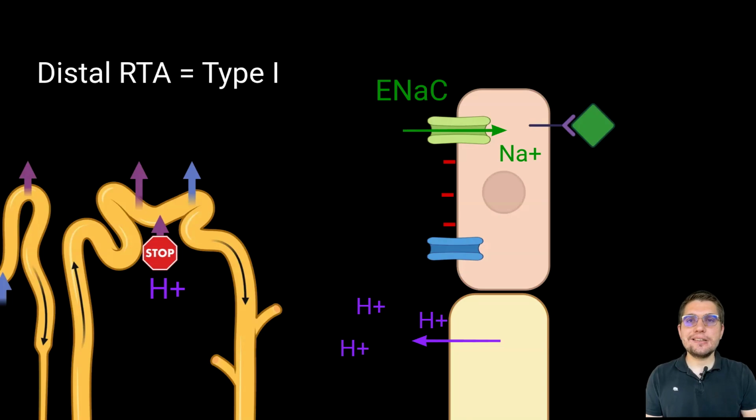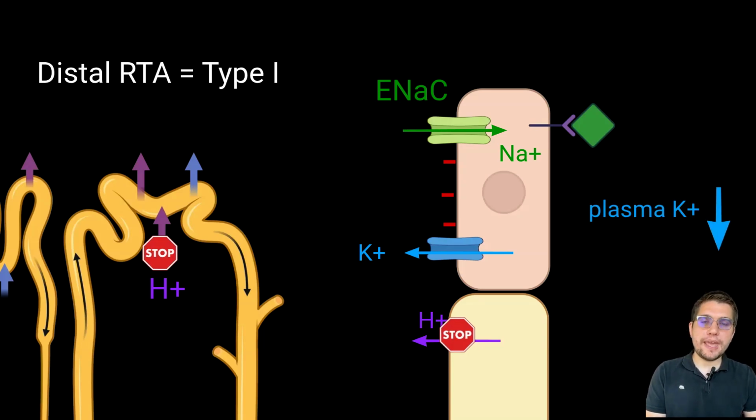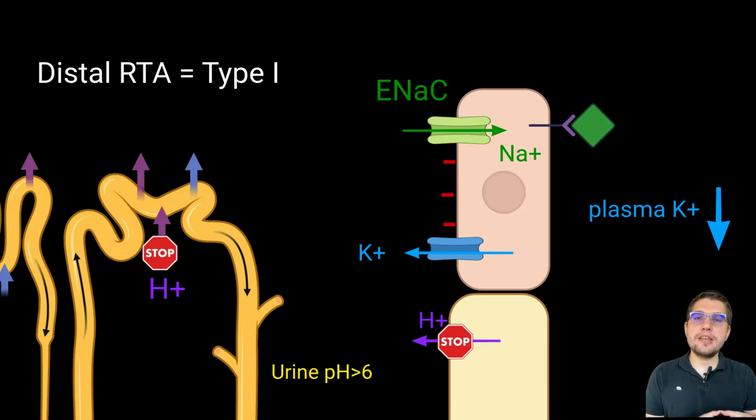However, in distal RTA, hydrogen secretion is compromised. So the negative potential is instead balanced primarily by increased potassium secretion through potassium channels, such as ROMK channels, leading to hypokalemia, or low serum potassium secondary to potassium loss. Despite systemic metabolic acidosis, urine remains inappropriately alkaline in this type of RTA.